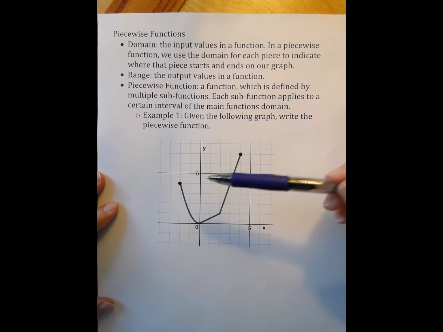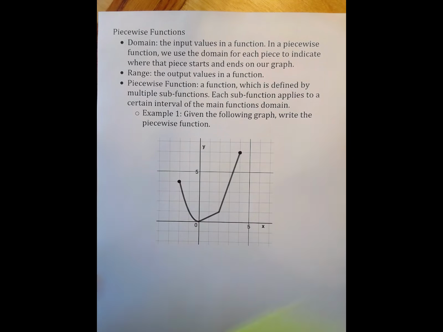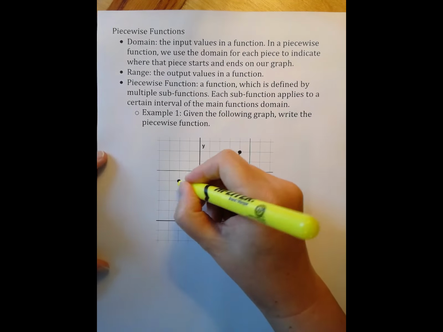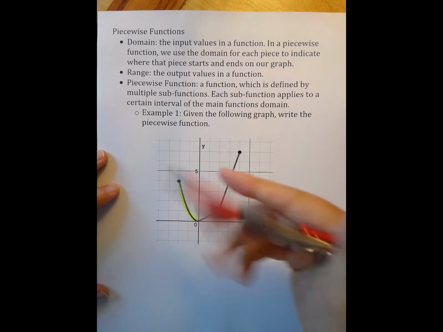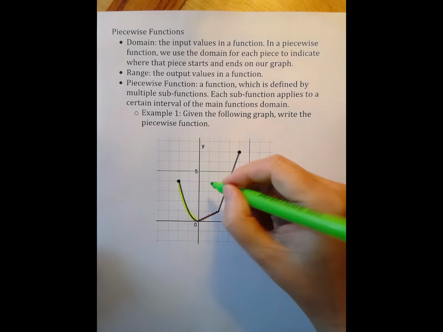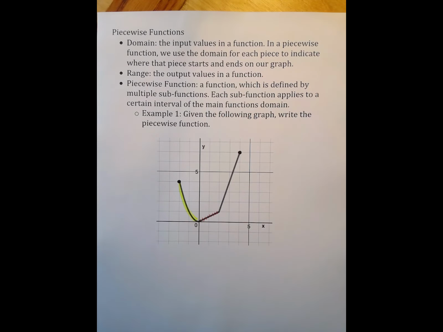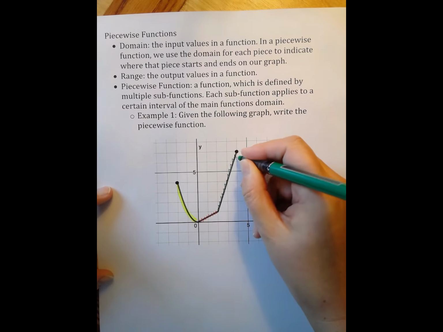So I can actually see three functions here. I can see one that goes from here to here, one that goes from here to here, and one that goes from here to here.